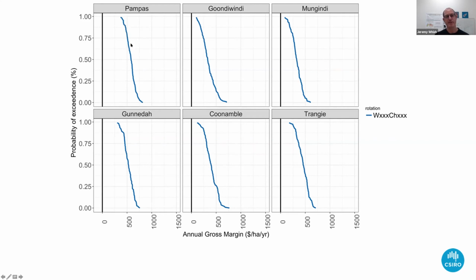Looking at Pampas, you can see this line goes almost straight down, which is saying that the environment can handle that really long, spaced out rotation really easily. In Mungandai, you're getting a bit more of an S shape. These are usually the bad seasons where you make little money, and these are the good seasons where you're making more money.